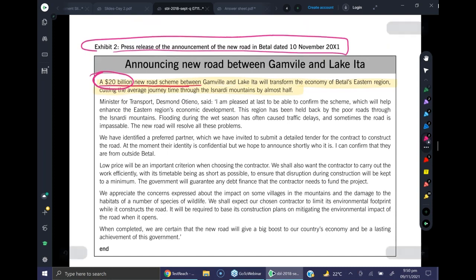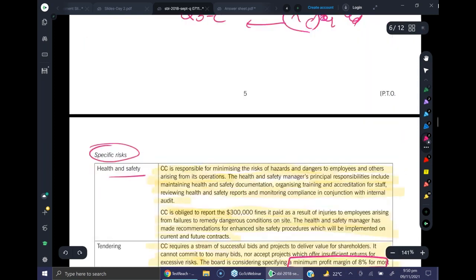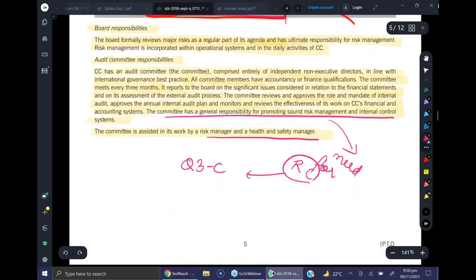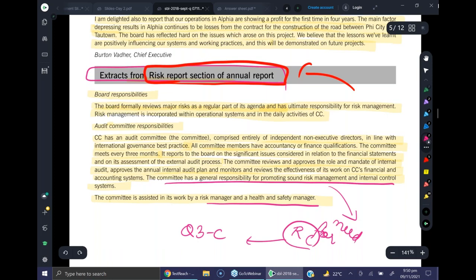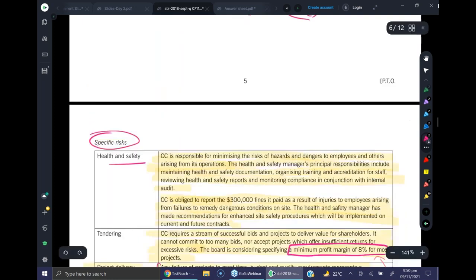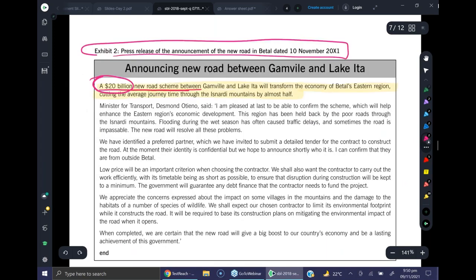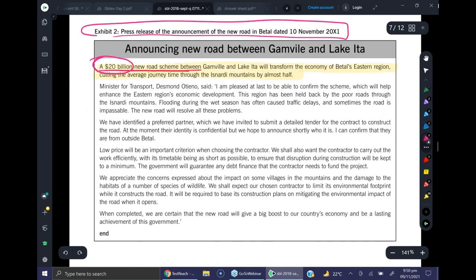I'm going back to exhibit 1. It says that the biggest ever project is $10 billion. Yes, and this new road is a $20 billion project, double the size of the biggest ever project CC has done. So can we talk about this in financial aspects of the project?